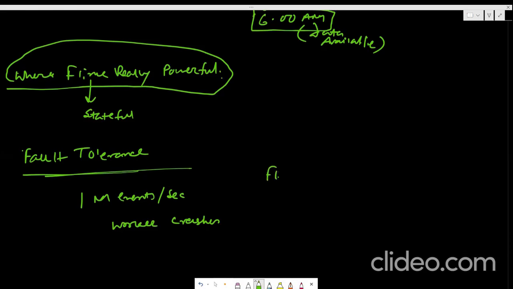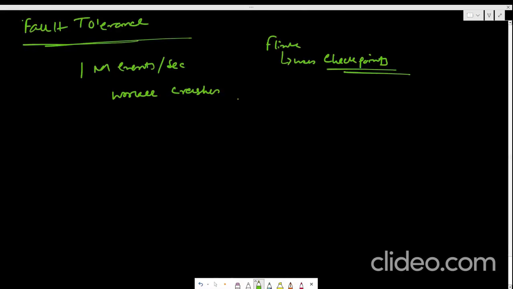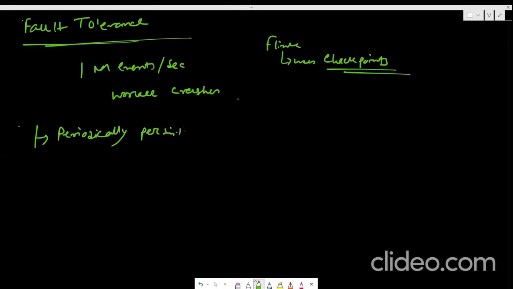Why does it use checkpoints? To periodically persist the application state. That's the main idea of it.